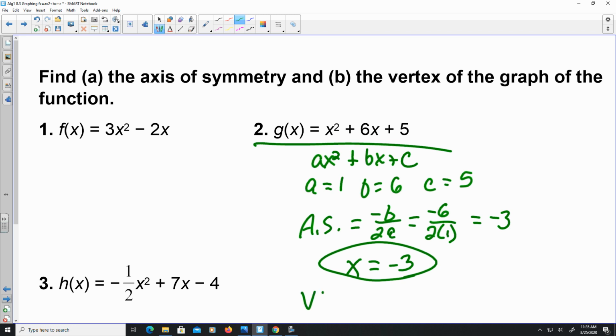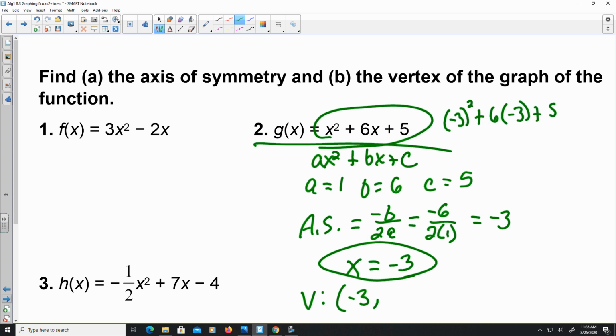To find the vertex, the x-coordinate comes from the axis of symmetry. Now I just plug negative 3 into this equation here. So now I get negative 3 squared plus 6 times negative 3 plus 5.